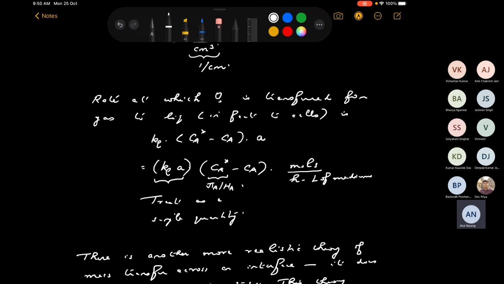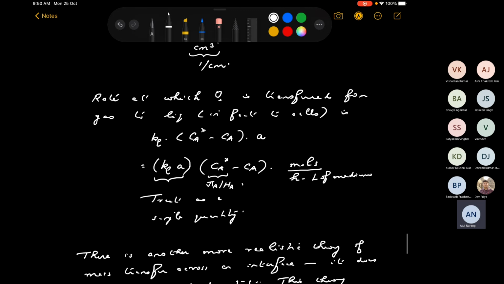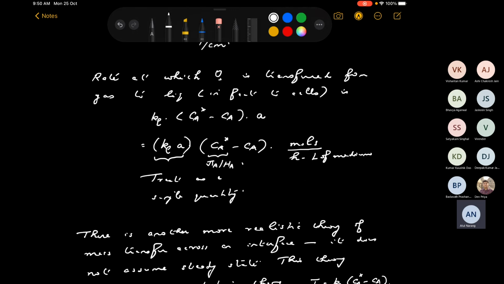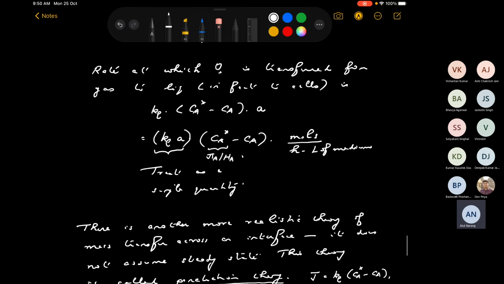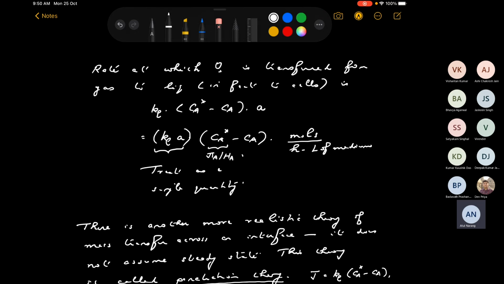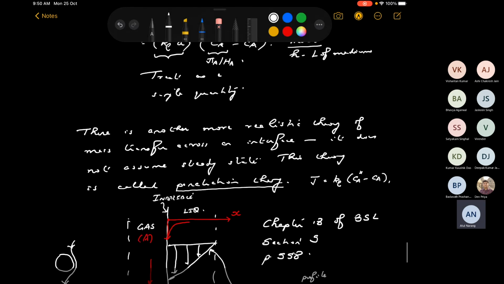KL is a measure of the speed with which transfer takes place, and A is a measure of the interfacial area. These are two different physical entities, and they appear as a product, but it's very difficult to disentangle them experimentally. And so we typically just try to estimate KL times A, and it is often referred to in one breath as KLA. But keep in mind that these are two separate quantities.